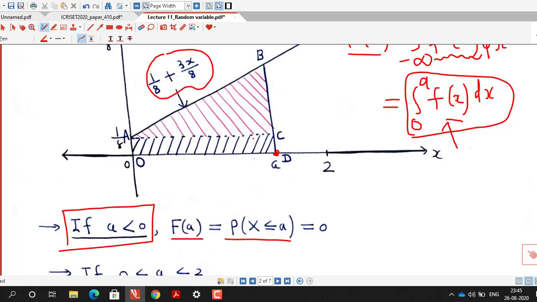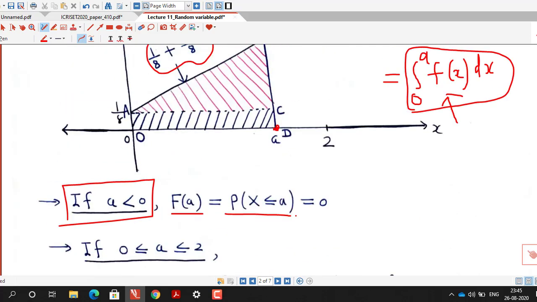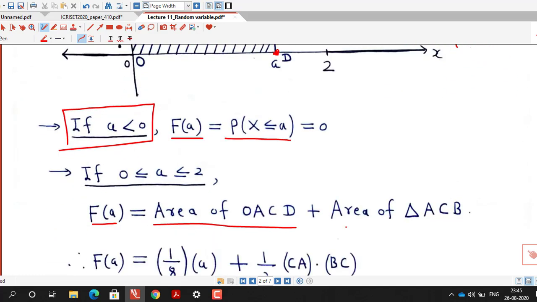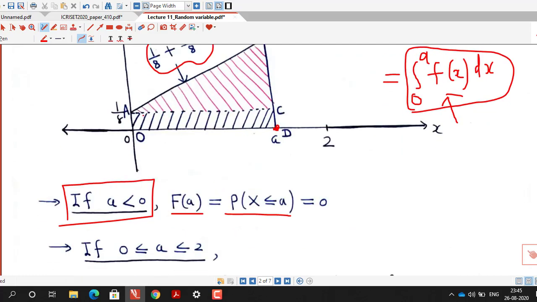Now you can see this shaded area is nothing but the summation of two areas. First we can consider this rectangle OACD. So it is the area of the rectangle plus the area of this triangle ACB. So if a is in between 0 and 2, F of a is the area of OACD, the rectangle, plus the area of triangle ACB. Now the area of this rectangle is length into breadth.